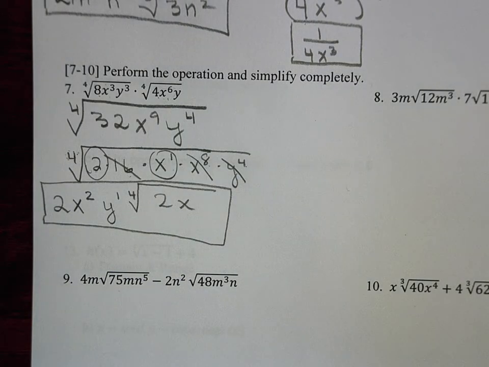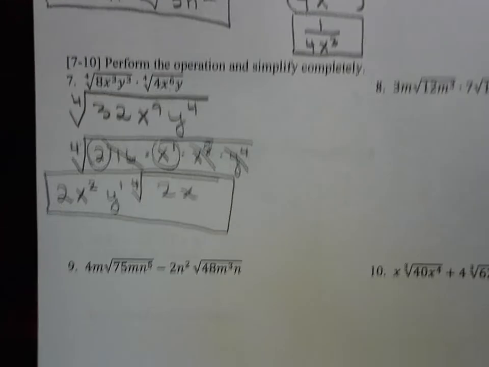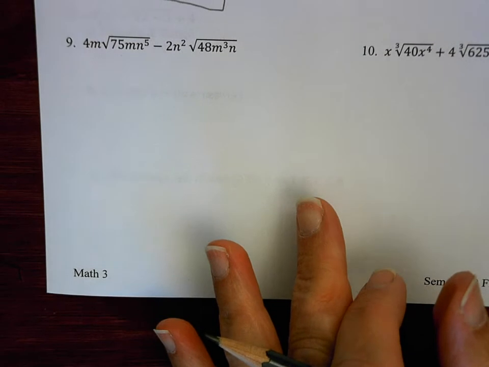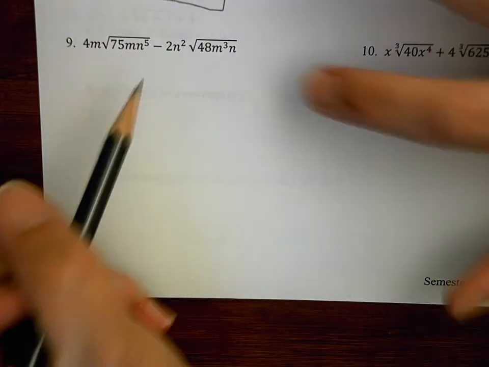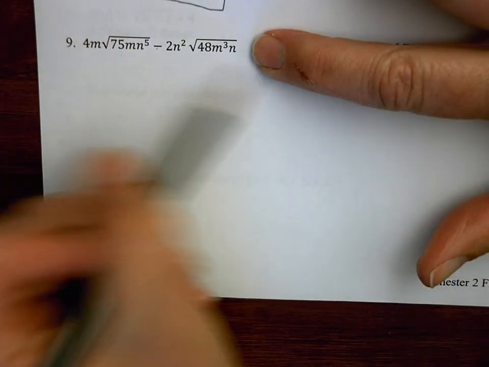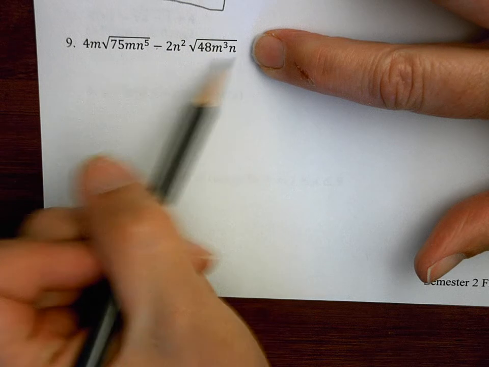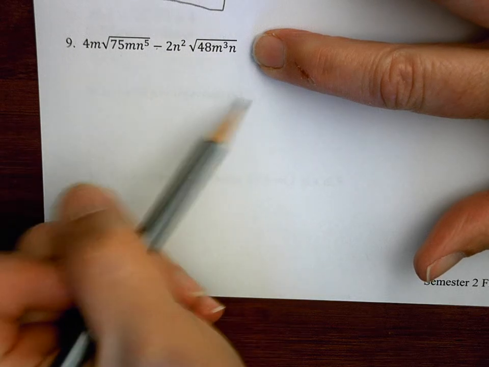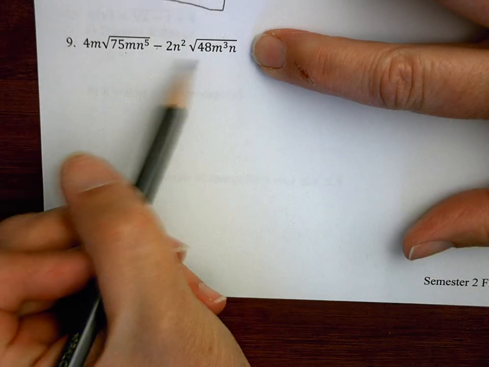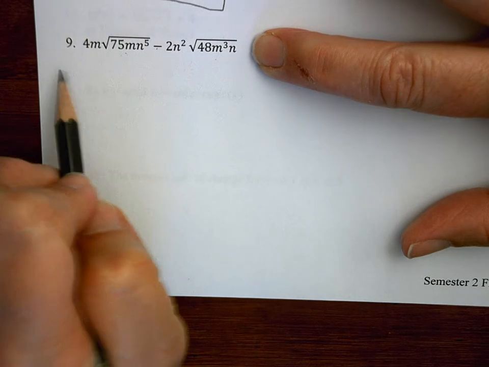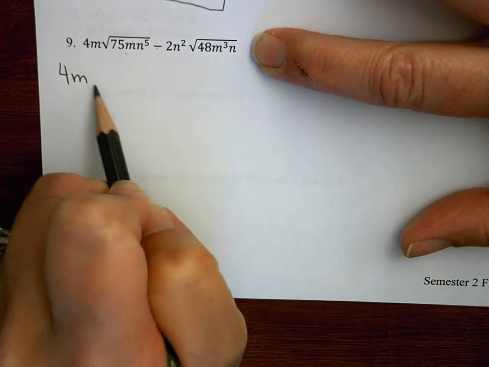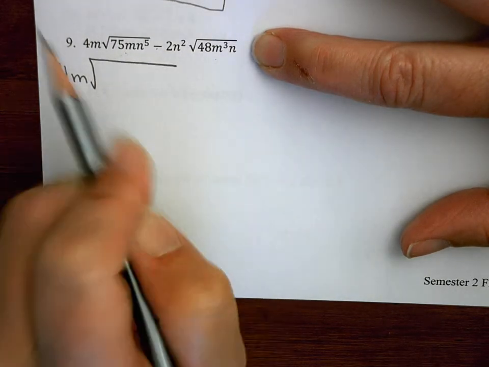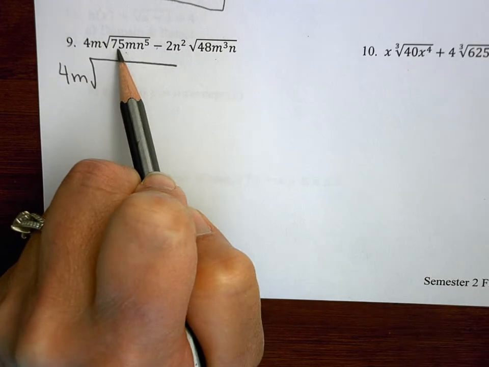Okay, so let's go ahead and take a look at number 9. So I want to be able to subtract these, but I can't subtract them right now because these are not like terms or not like radicals, so I need to make that happen. So I'm going to simplify first and then subtract. So I don't know the square root of 75.